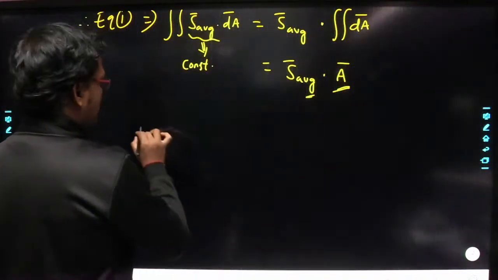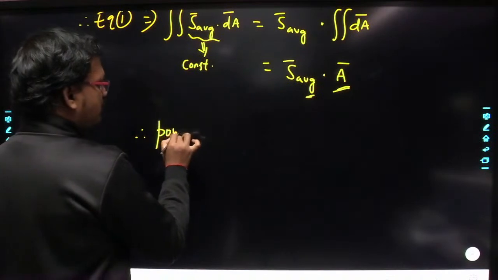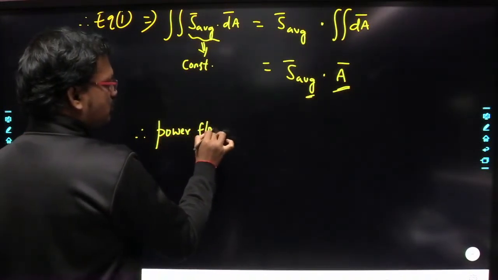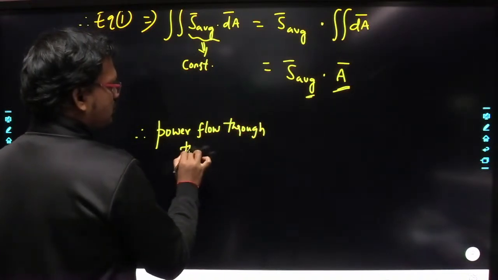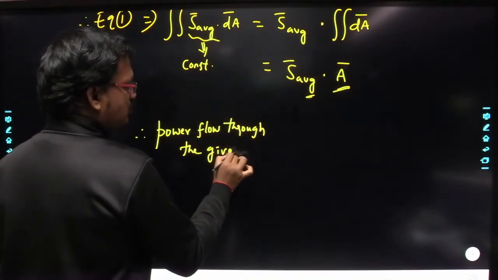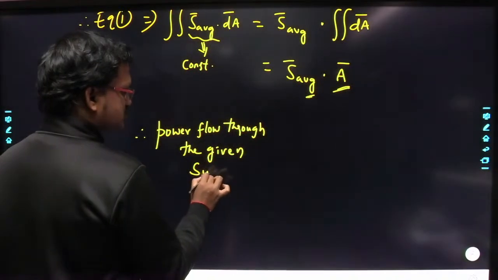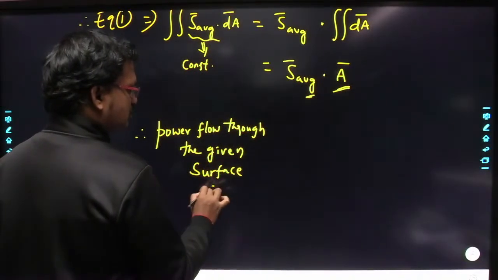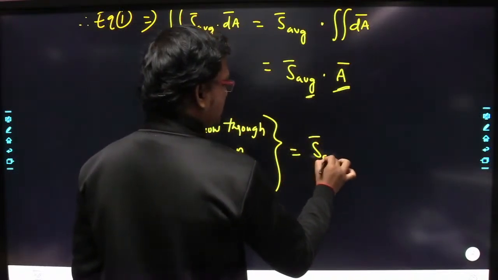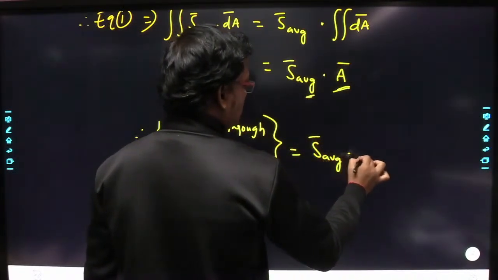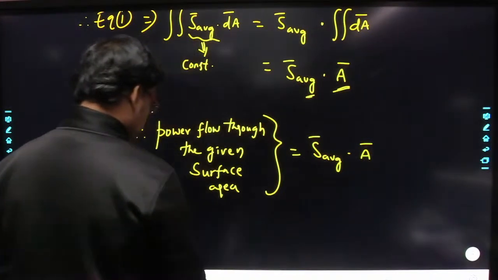So the power flow through the given surface area you can represent simply as S average dot A bar. What are the units here?